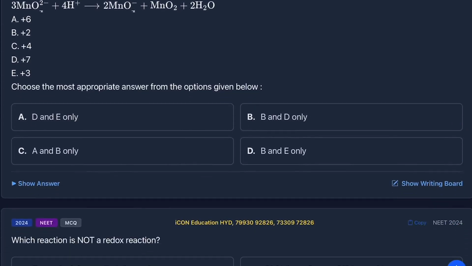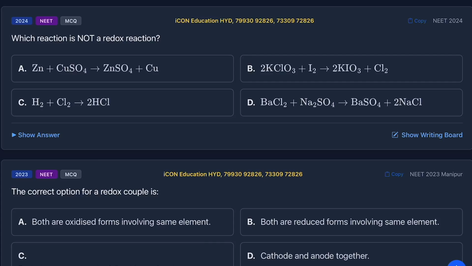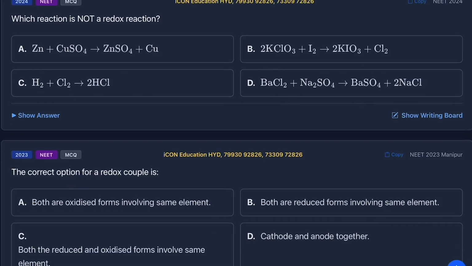we move towards the next question. Which reaction is not a redox reaction? What they are asking in the question is, which reaction is not a redox reaction? First of all, we have to know what a redox reaction is.